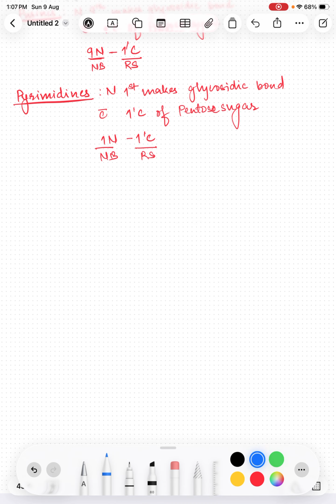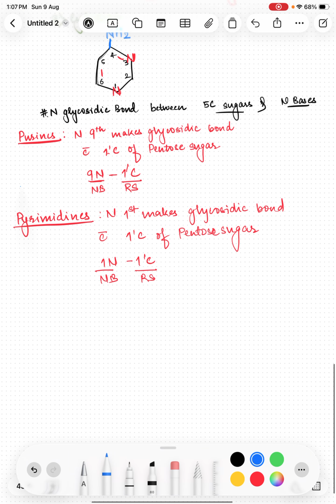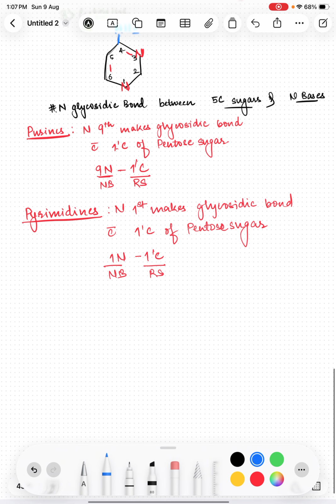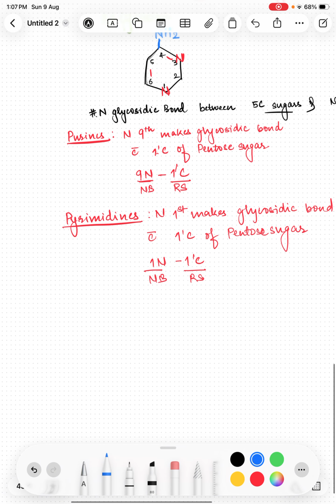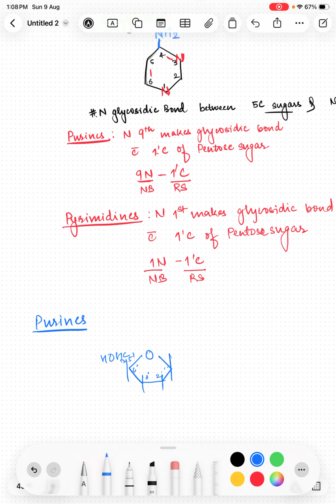Now let us see how they make bond in case of purines and pyrimidines in short. So this is your ribose sugar. This is 1, this is 1 prime, 2 prime, 3 prime, 4 prime, and it is 5 prime.